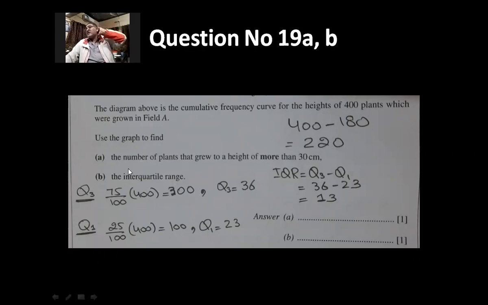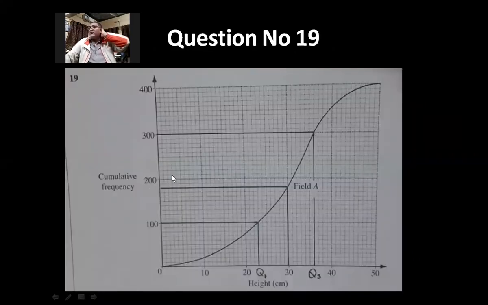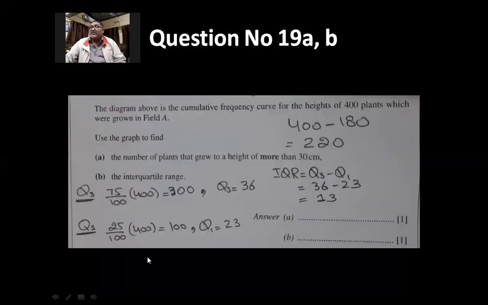The next question they are asking is the interquartile range. If you want to find the interquartile range, you see this is 400, and Q3 means 75% of the cumulative frequency. So the total cumulative frequency is 400, and 75% of 400 will be 300.